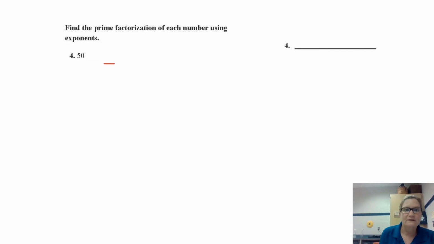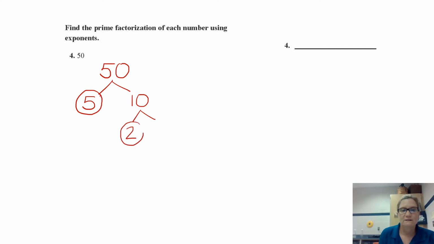All right, so I'm going to start with 50, and I'm going to break that up into 5 times 10. Now, 5 is a prime number, so I'm going to circle it. And then I'm going to break 10 up into 2 times 5.